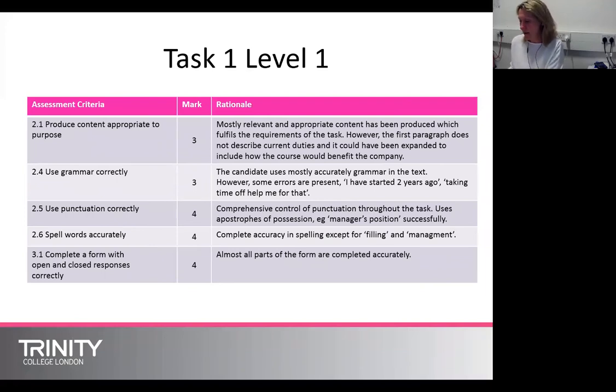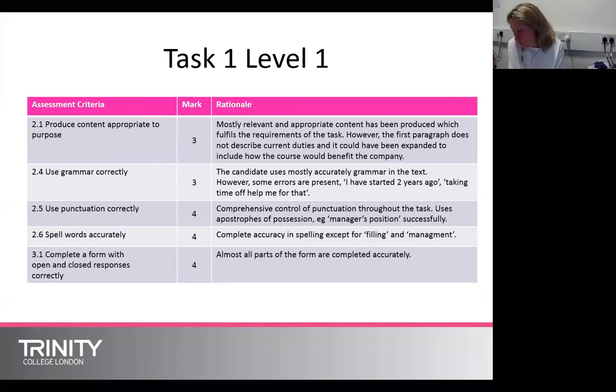Looking at the wording of the generic performance descriptor, there are several features of the amplification. It's fairly consistent, but 2 parts. So one of the parts of the form, the content produced, is not appropriate to purpose.